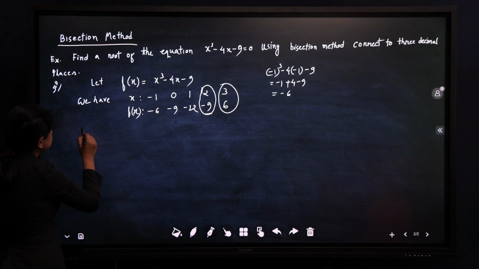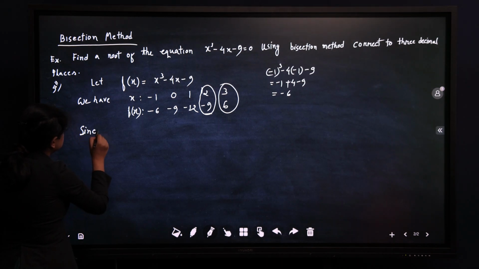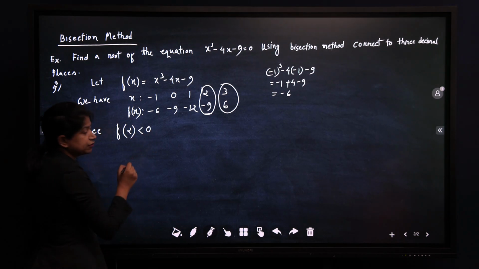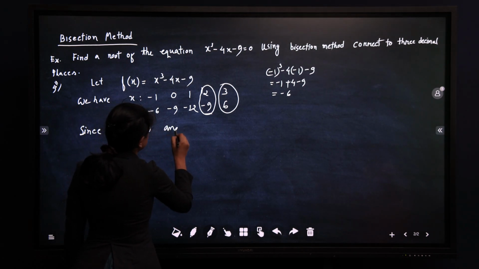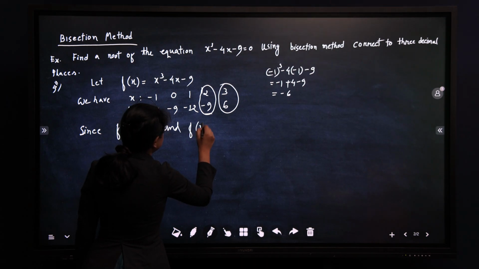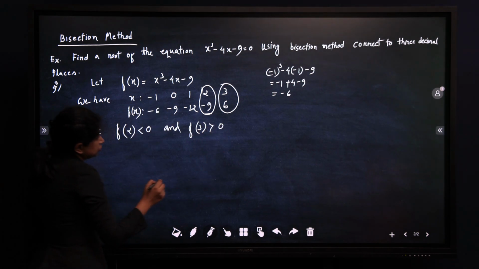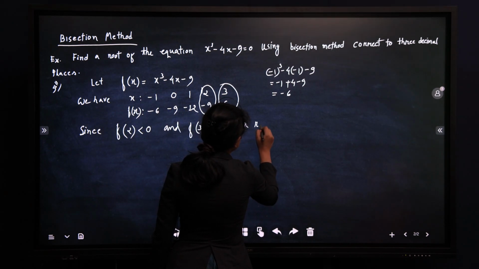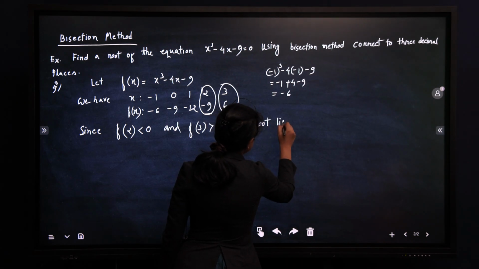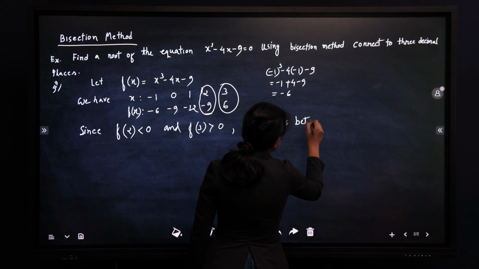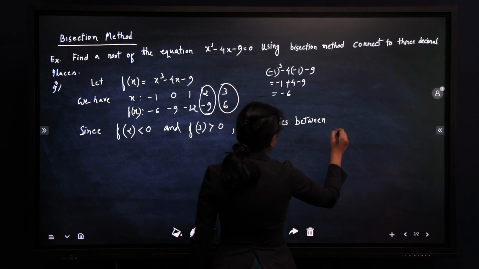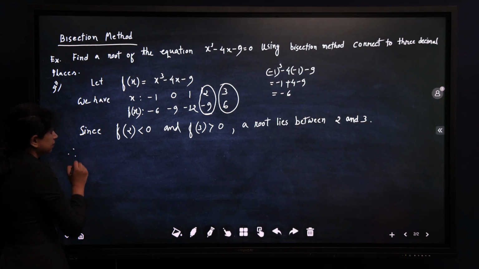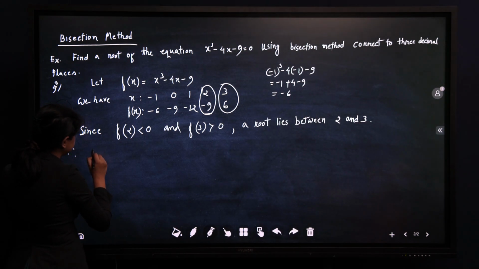Since f(2) is less than 0 and f(3) is positive, by the intermediate value theorem a root lies between 2 and 3. Therefore, by the bisection method, what will be the first approximation?